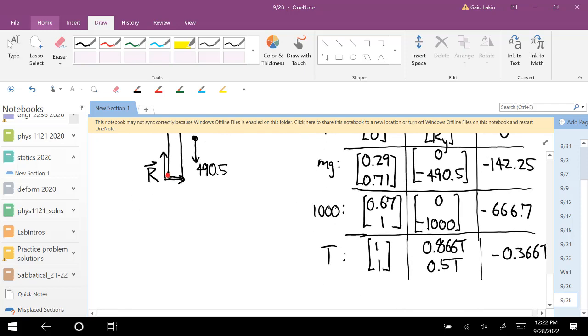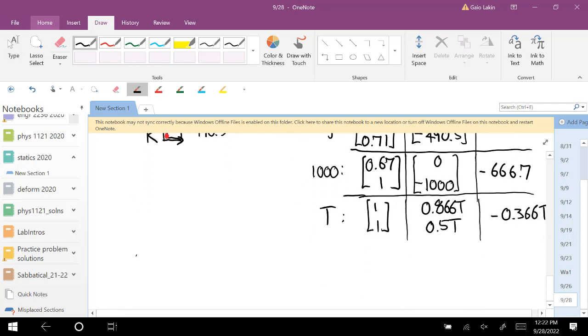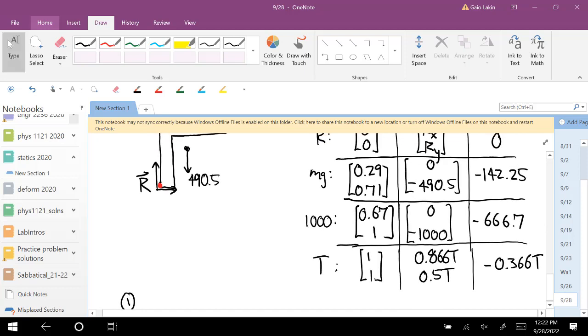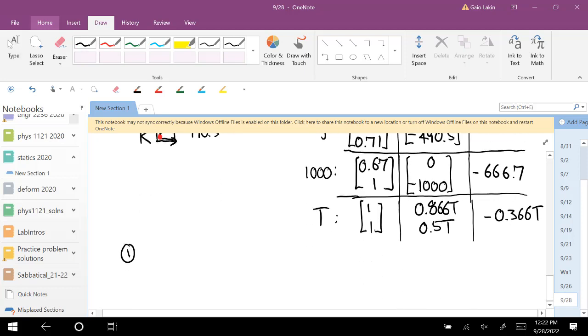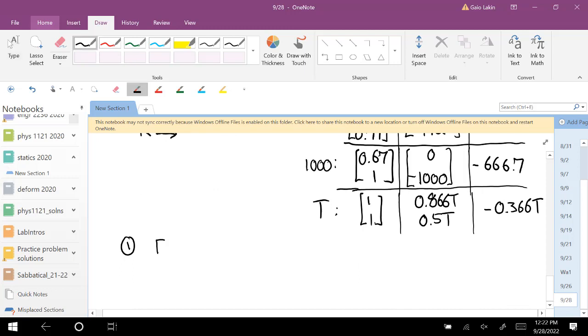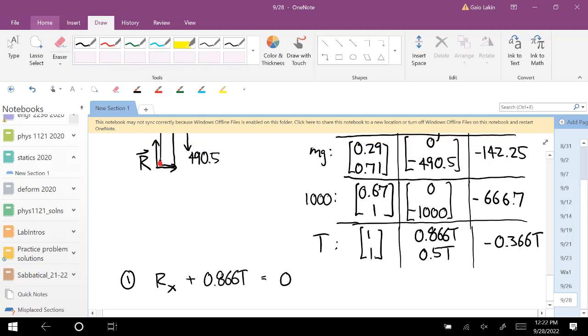Okay, so now our equations. We're going to have three equations because it's two dimensions. The x equation says Rx plus 0.866 T is equal to 0.